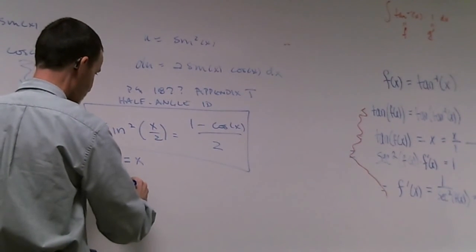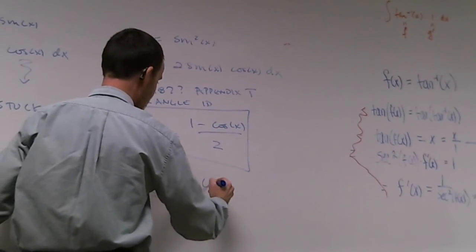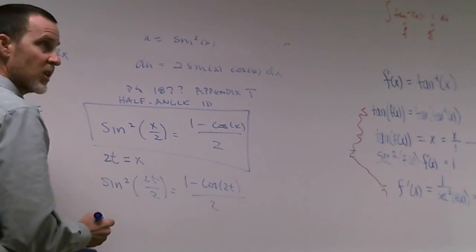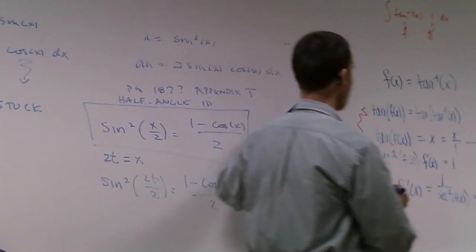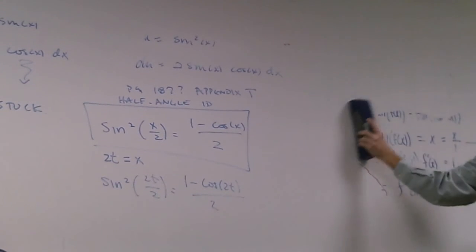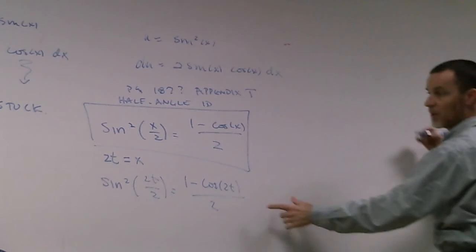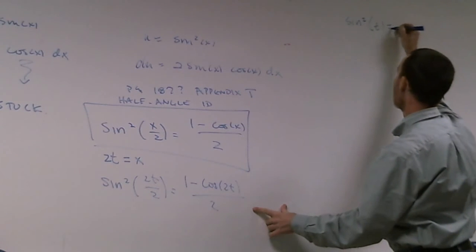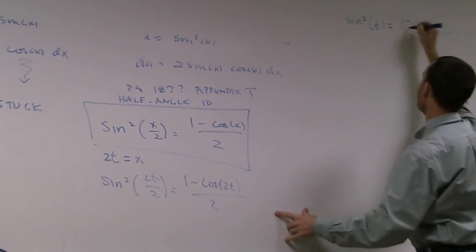So I could put that in there and say sine squared of 2t over 2 equals 1 minus cosine of 2t over 2. And that's the way you often see it written, because now the t's cancel, and so you get sine squared of t equals 1 minus cosine of 2t over 2.